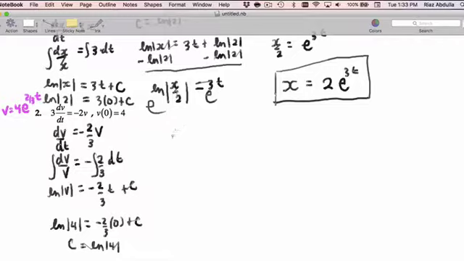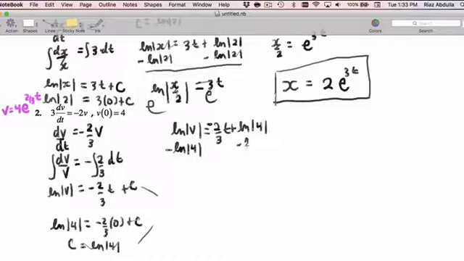Continuing, we put these two ideas together. The natural log of v equals negative 2/3 t plus the natural log of 4. We'll subtract that from both sides, and that's going to give us the natural log of v over 4 equals negative 2/3 t.